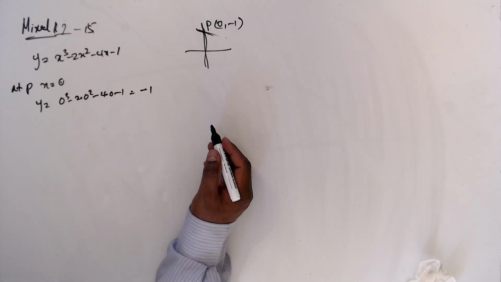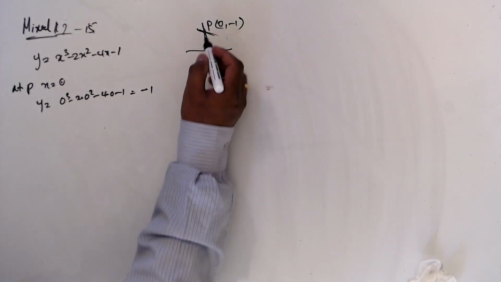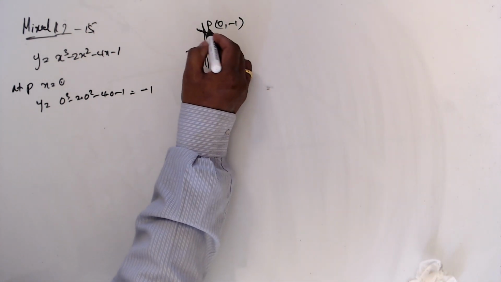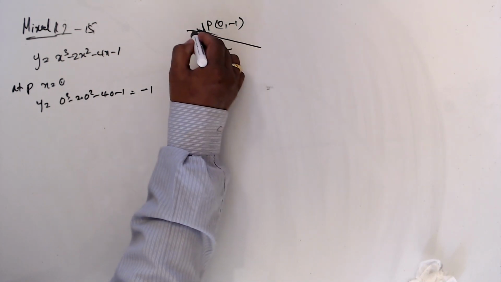The line L is tangent to the curve at P, and cuts the curve again at Q. So this is P. You have a tangent line.